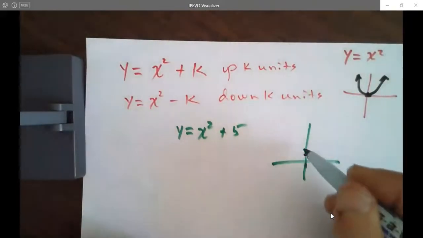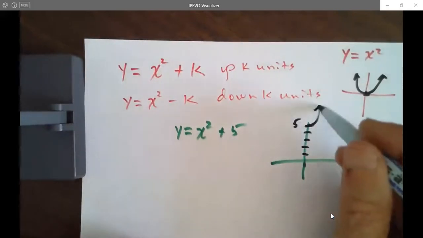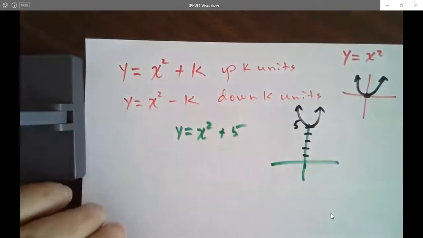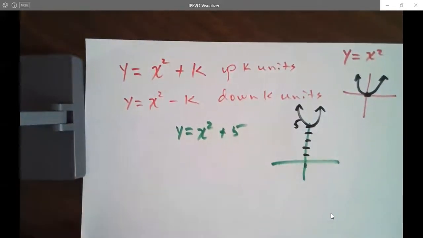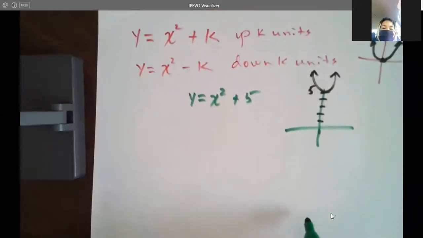So it'll be 1, 2, 3, 4, 5. So now it looks like that. If it was minus, then it would shift it down.